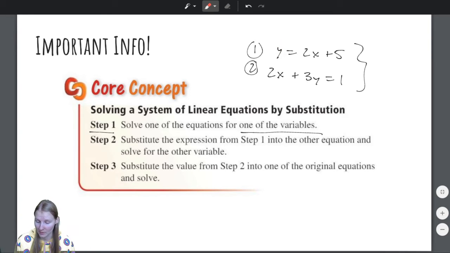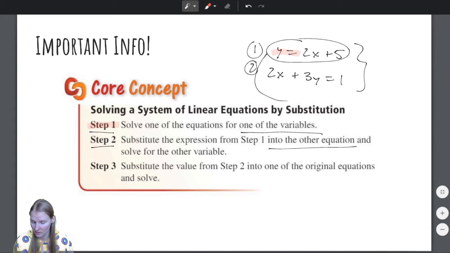So in this example that I've made, we already have y equals, and that's step one. Step one is to get either x equals or y equals for one of the equations.